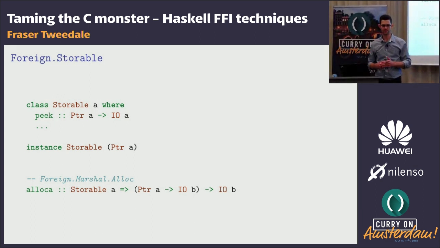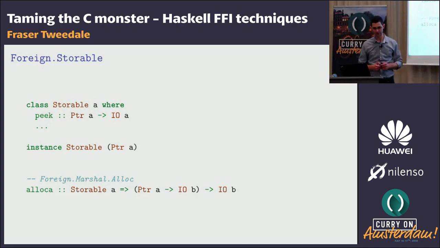There are instances of Storable defined for a lot of the primitive types in the base library, including pointers. So you can actually allocate memory for a pointer, you can read a pointer out of memory, and the same goes for many other types, so ints and chars and floats and all of the things that you would expect.